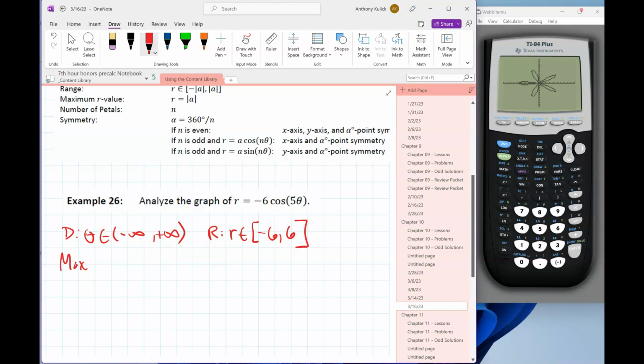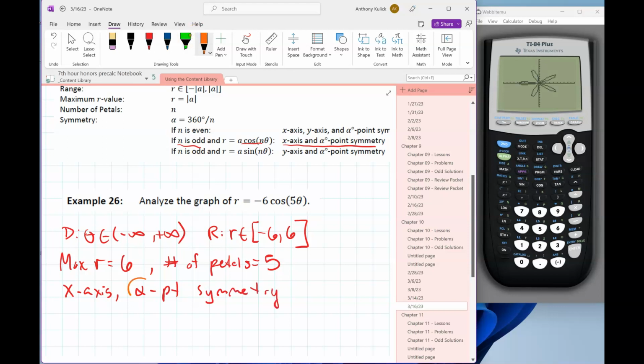I know the maximum value is going to be +6. I know the number of petals should be 5 because n is 5. And because n is odd and we have a cosine function, I should have x-axis and alpha point symmetry. But I would want to say, what is alpha? What angle is alpha going to be?